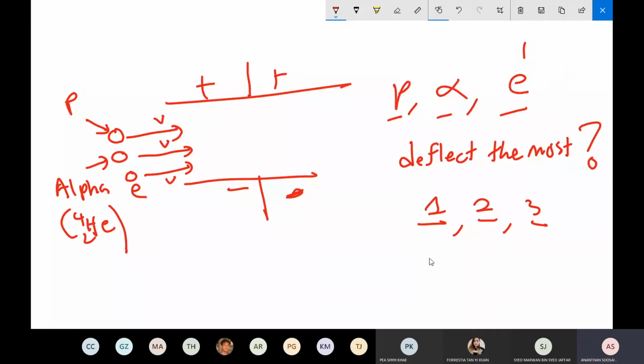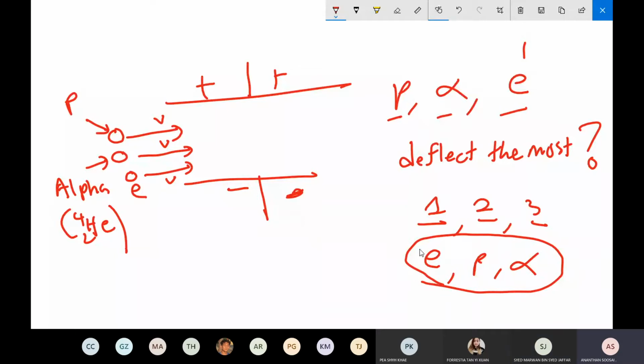So the order, one of your friends said, is electron, proton, and alpha. The others? Everyone is saying electron, proton, and alpha. All three answers I got say this.